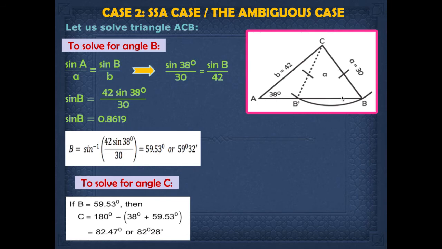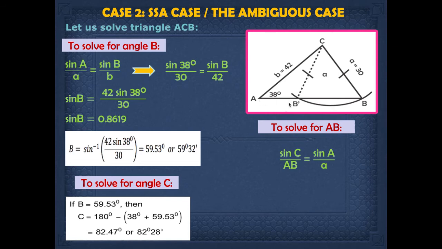To solve for the length of side AB, we can use this proportion: sine C, this is angle C, over the side opposite angle C. The side opposite angle C is AB, which is the side that we're looking for. This is equal to sine A over a, because angle A is given, side a is also given. So if we substitute the values, we will have this.